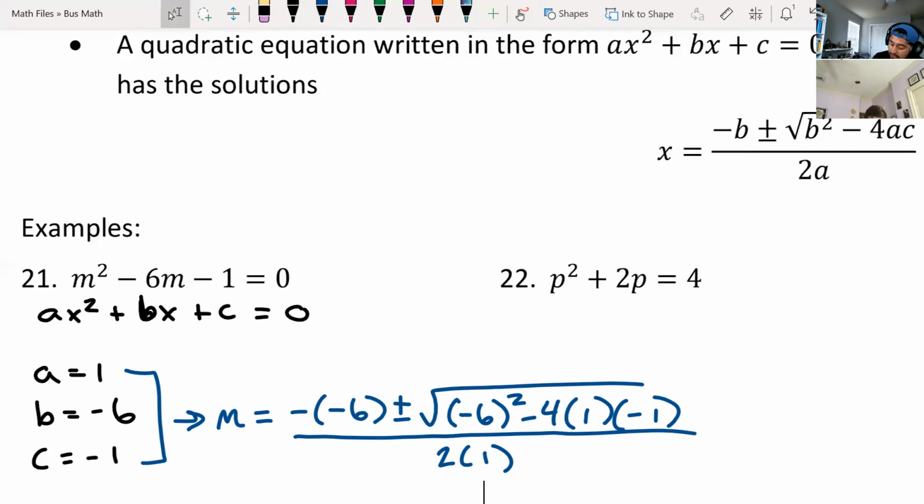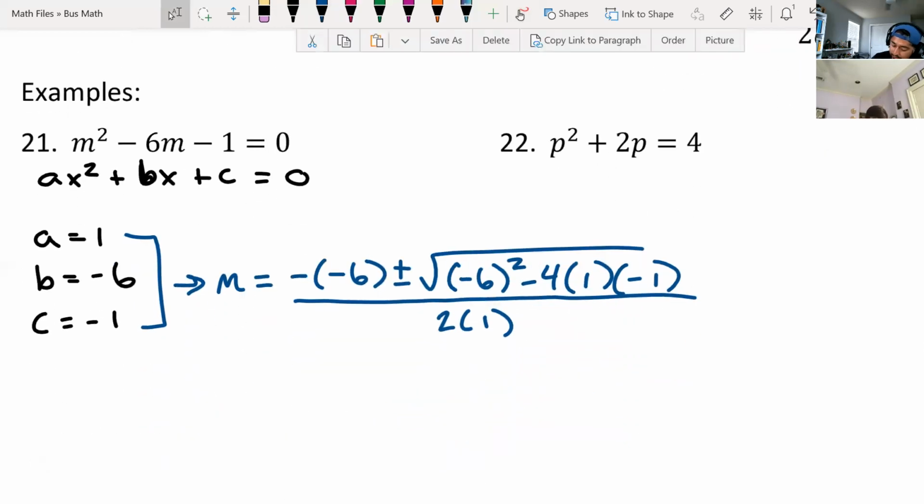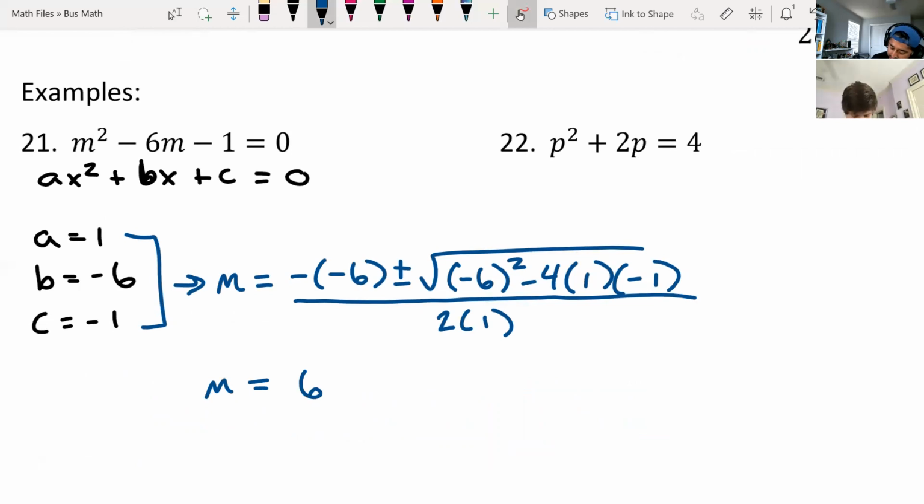And now let's just go ahead and clean it up. This means that m is going to equal a positive 6 plus or minus the square root of negative 6 squared, which is 36.